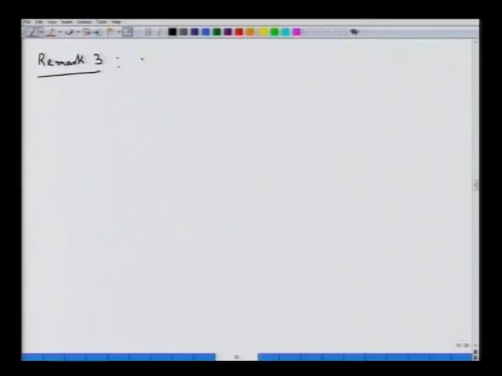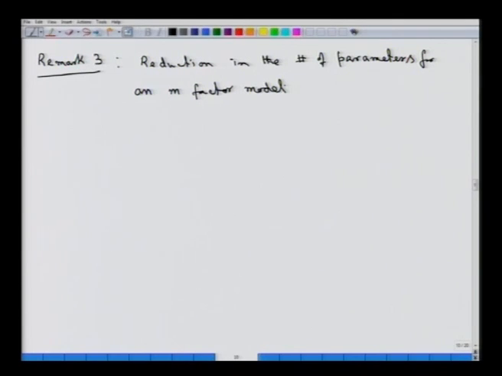Now, here what we are concerned about is the reduction in the number of parameters for an m factor model. Now, parameters in terms of the sigma matrix, because we are trying to explain the variance covariance structure.